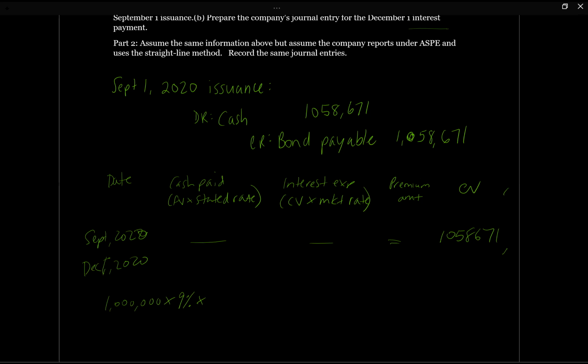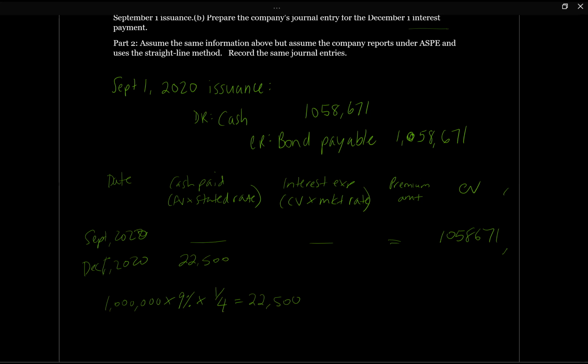But we're told that we make this payment 4 times a year. I think this is one of the first questions we've seen where it hasn't just been semi-annual. Now the payment is quarterly. So now we're going to need to multiply this by 1/4. Okay, and that is going to give us 22,500 per quarter. So that's going to be the cash that we're paying out here.